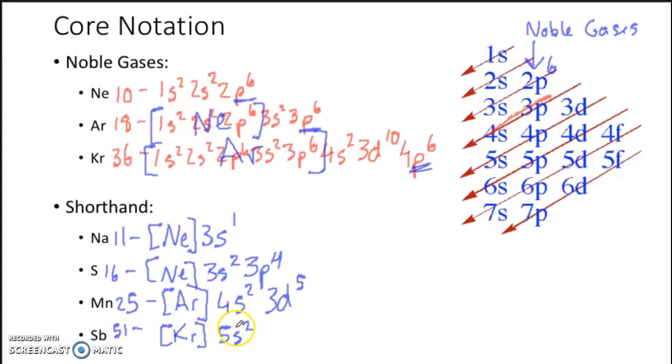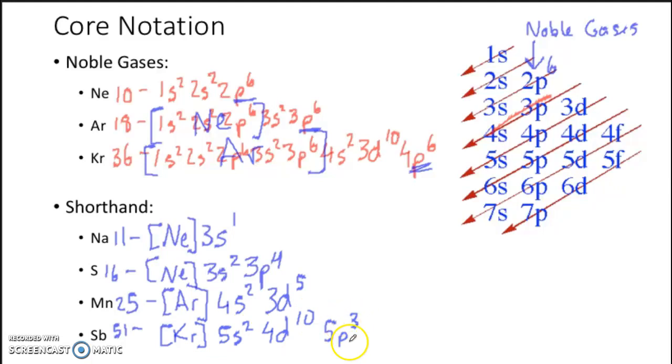So stored 36 plus 2 gives me 38. 5s takes me up to 4d. 4d10, well, 38 plus 10 is 48. Well, I'm a lot closer now. 48 to 51, I only need 3 more. After 4d, I followed that up with 5p3. So stored 36 plus 2 is 38, 48, 51.